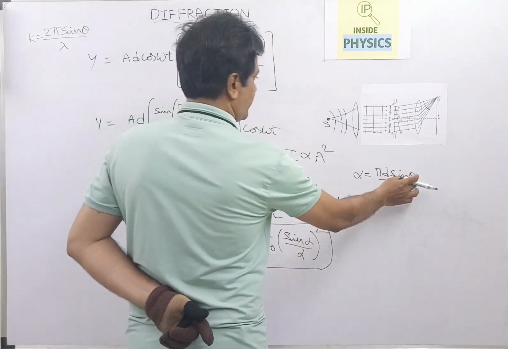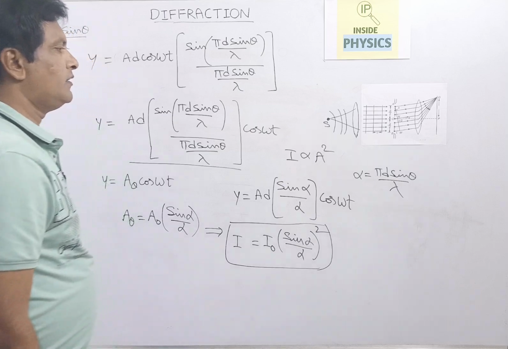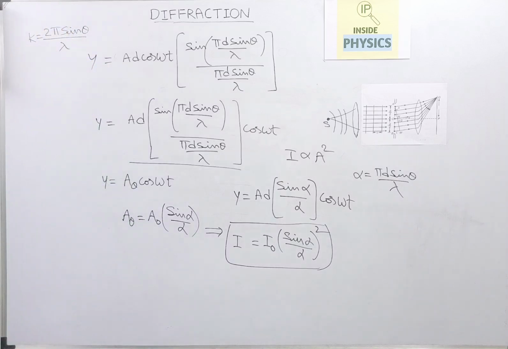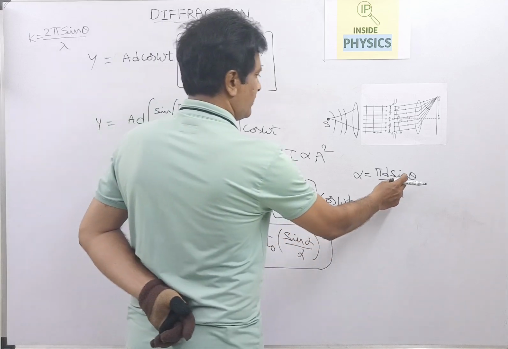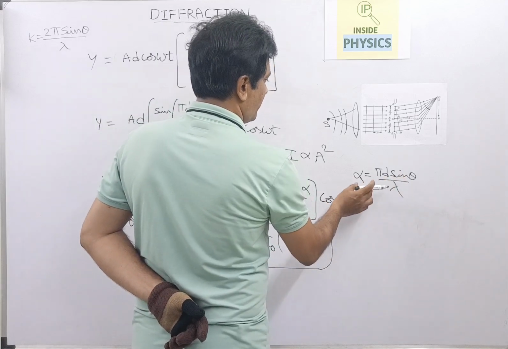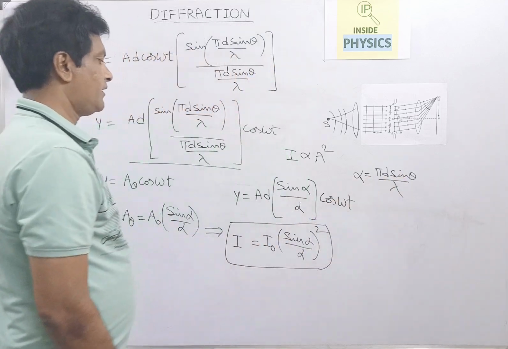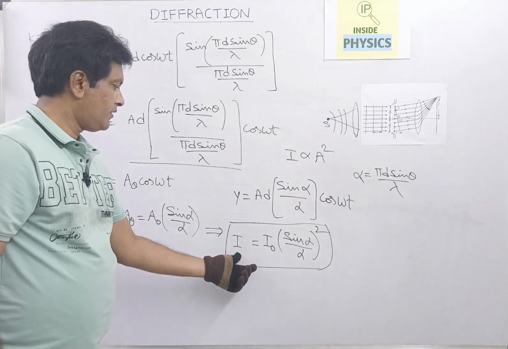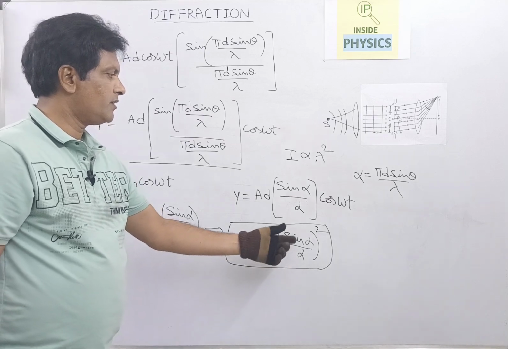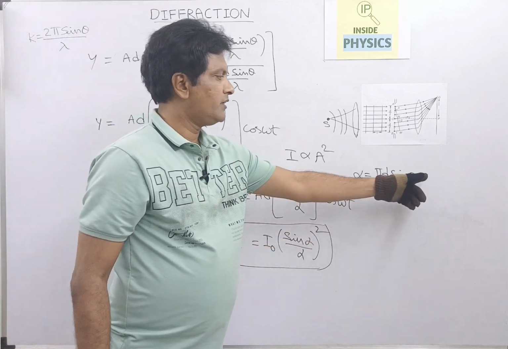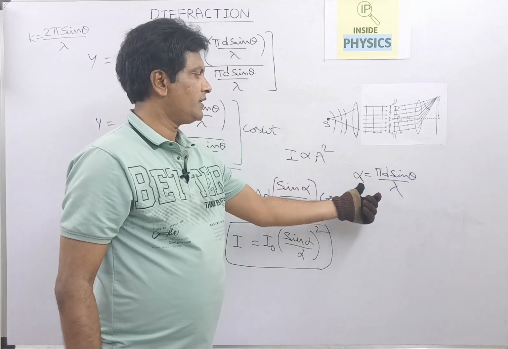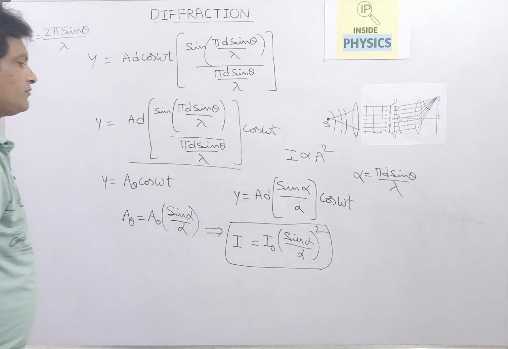So the diffracting angle plays a key role here for the intensity of the wave. Depending on the diffracting angle, the alpha value will indicate the intensity pattern, and the intensity is dependent directly on the angle of diffraction and indirectly on the value of alpha.